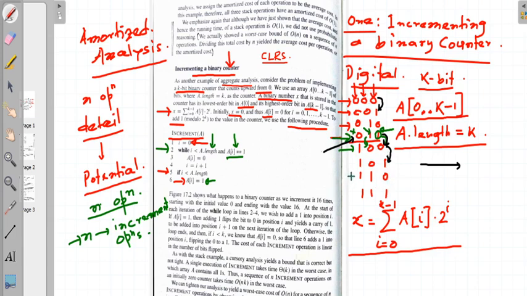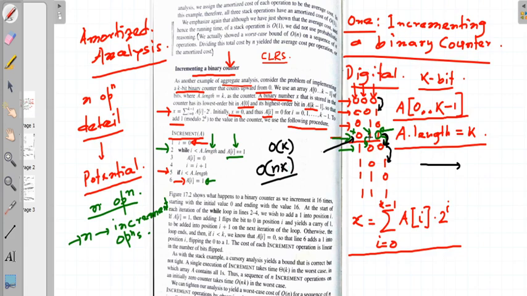Okay. So now if we analyze by our conventional method, then we are seeing that at the worst case, all the k bits will be flipped. So per operation cost will be order of k, and with n binary increment operations we will have order of nk time necessary, right?